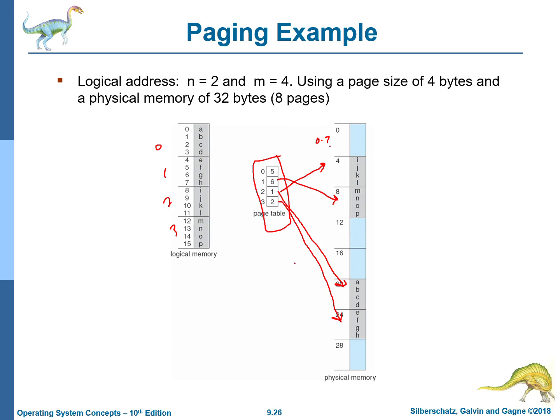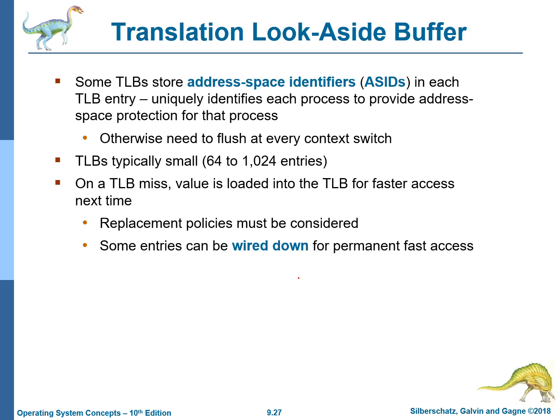The pages are stored on different locations, but they can be accessed randomly using the page table. So that's why this is random access: we have a table in this paging approach.